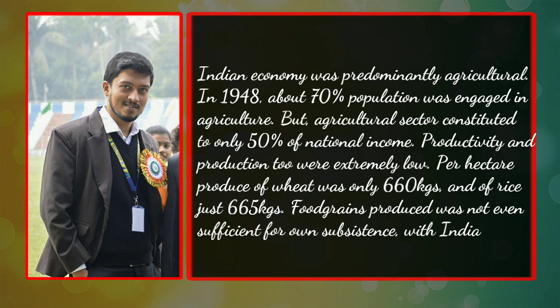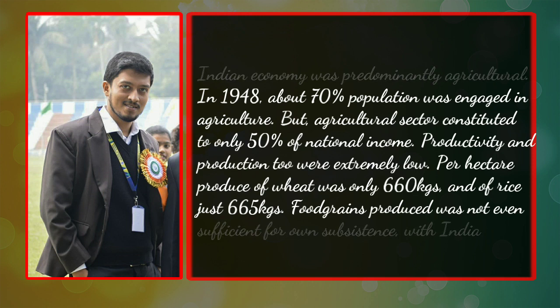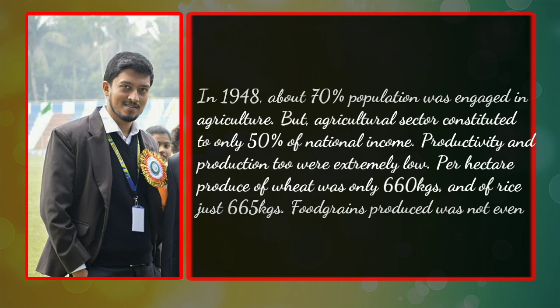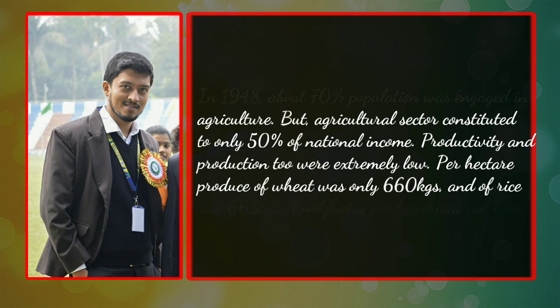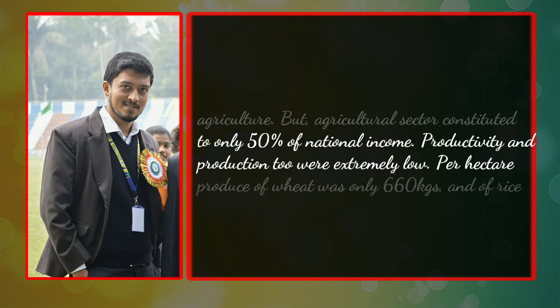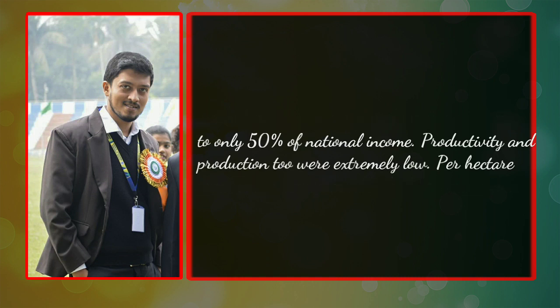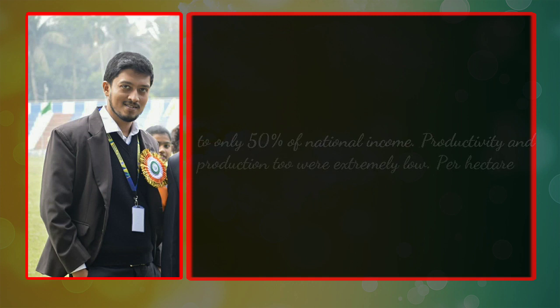The Green Revolution was 1960s, but we are talking about 1947, just when we got independence. So when we got independence, our entire agricultural system was not modernized. We had a backward agricultural structure that made our Indian agriculture a great drawback during that time.